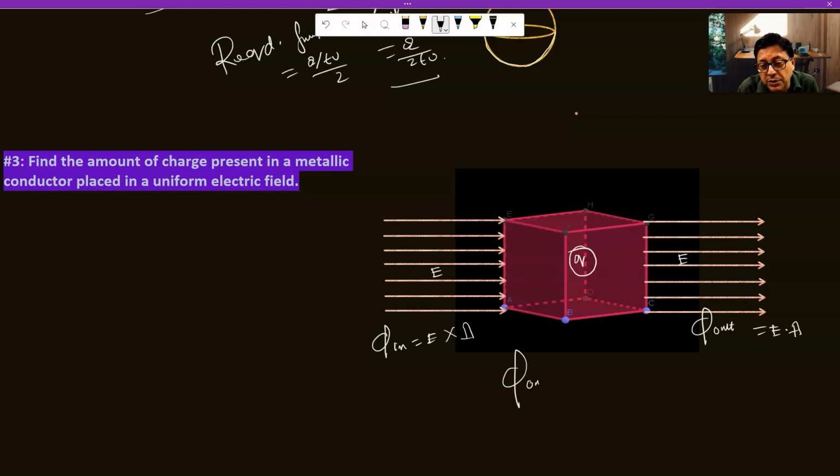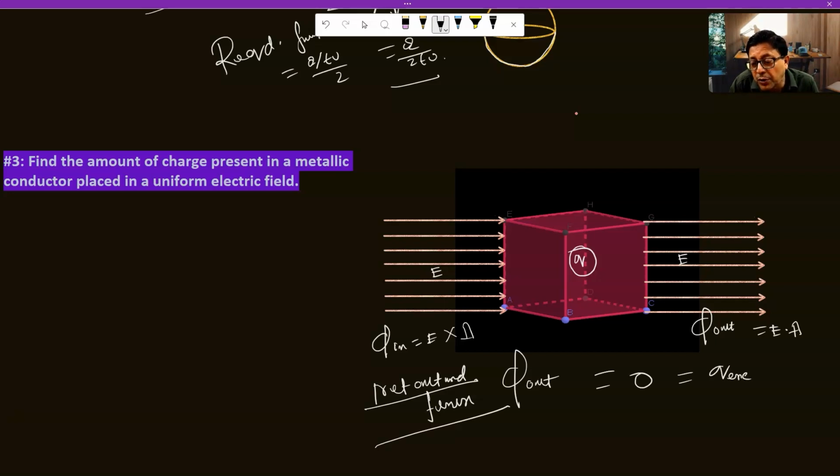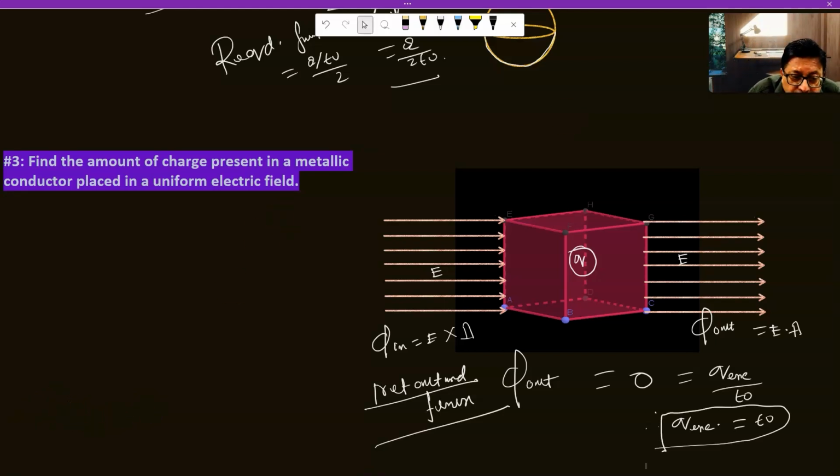So the net outward flux, phi out, is going to be equal to 0, which is nothing but Q enclosed by E0. Therefore, Q enclosed equals 0. Such a conductor will not enclose any charge in it, still lines of force pass through it. Understand? So that is Q enclosed in this conductor.